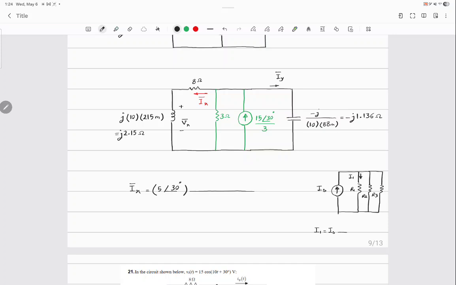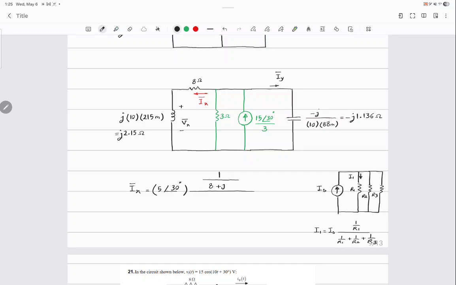IS multiplied by 1 over R1, over 1 over R1 plus 1 over R2 plus 1 over R3, right? Do the same thing here. You have 3 branches in parallel. So what is Ix? 1 over what? Compare them and tell me.